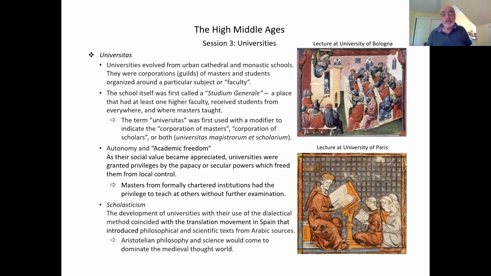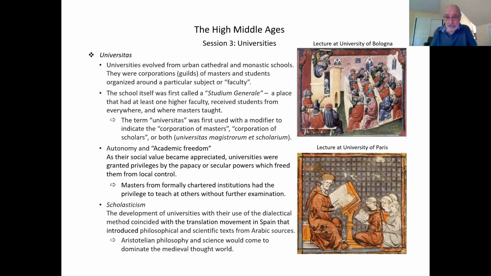So the development of universities with their use of the dialectical method coincided with the translation movement in Spain that introduced philosophical and scientific texts from Arabic sources, which is what we're going to wind up looking at next.